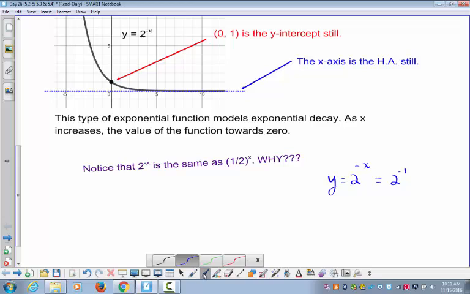Can't you treat this as 2 to the minus 1 to the x, so that's really 1/2 to the x. So there's 2 ways to look at exponential decay. You could formally have it like the definition states, that the base is between 0 and 1, or you can have an exponential decay where that fact is kind of hidden with a negative exponent.